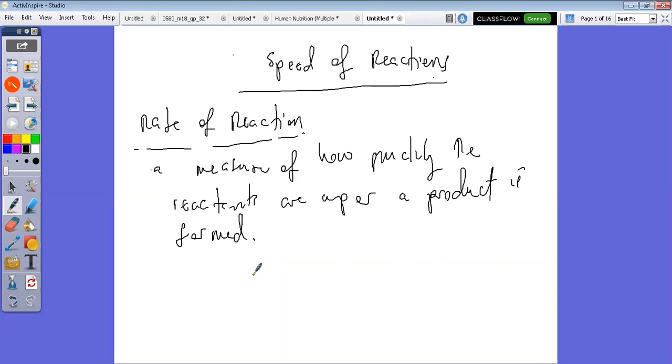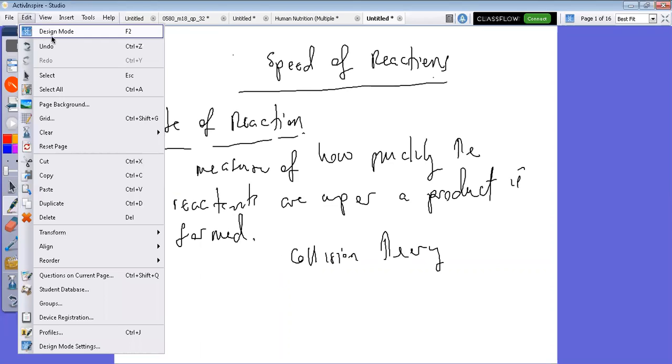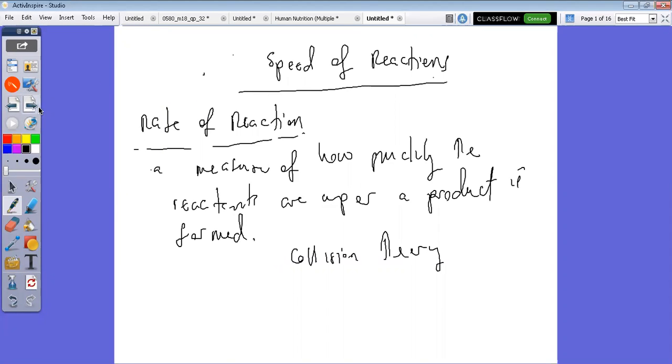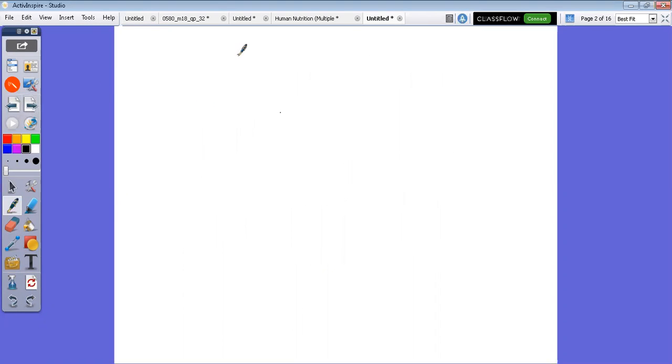Now in chemistry, there are factors that affect that. So now let's look at what they call the kinetic or the collision theory, which you are required to know.